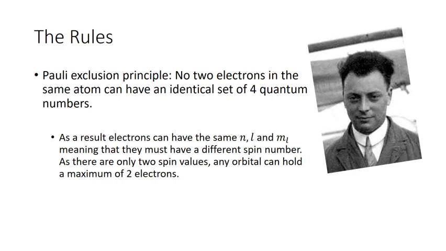Okay, so there are some rules about quantum numbers here. We can thank this fine gentleman here, Wolfgang Pauli, for the Pauli exclusion principle. Basically what it says is 2 electrons in the same atom cannot have an identical set of 4 quantum numbers.